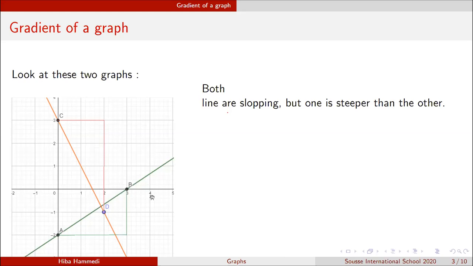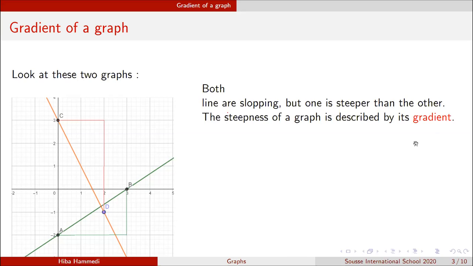So this is the value of x getting bigger, and you need to compare these two going from the left to the right. So this one is going down from left to right, and this one is going up from left to right. So to describe a line, you just need to describe its steepness, and to describe that, you just need to get the value of the gradient.